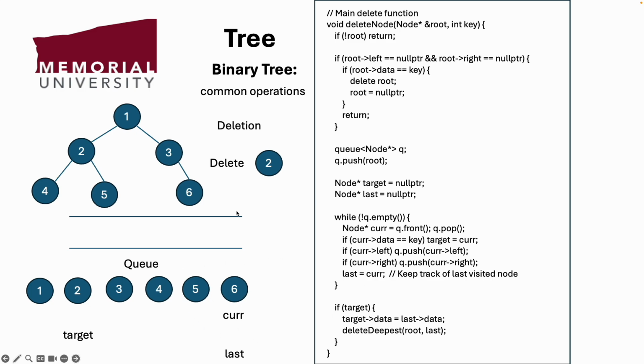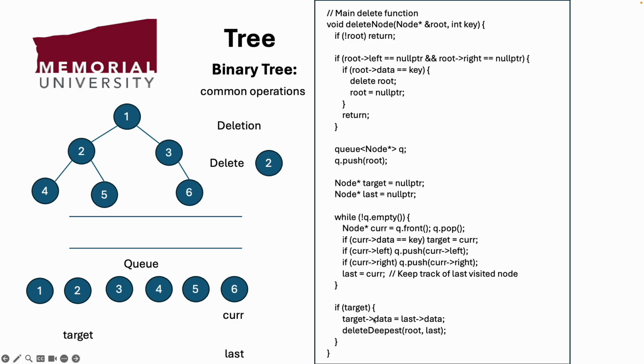And then let's keep going with the while loop. Now the queue is empty, so the while loop stops. Okay, then we apply this code. Did we find the target? Yes, we found the target node, node 2. So it means true, and we go into this code. What is this step for?